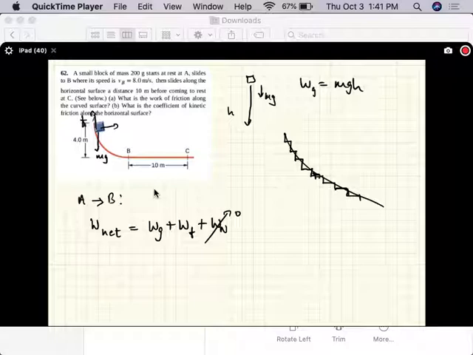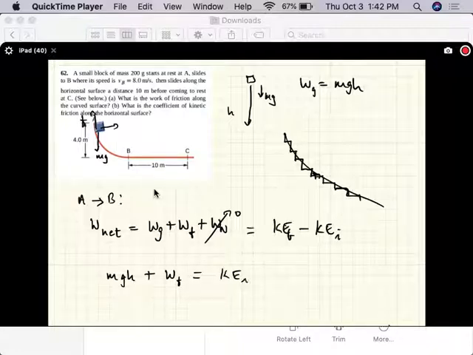The work energy theorem says this is equal to final kinetic energy minus initial kinetic energy. So work done by gravity, mgh, plus work done by friction is equal to final kinetic energy minus initial kinetic energy.